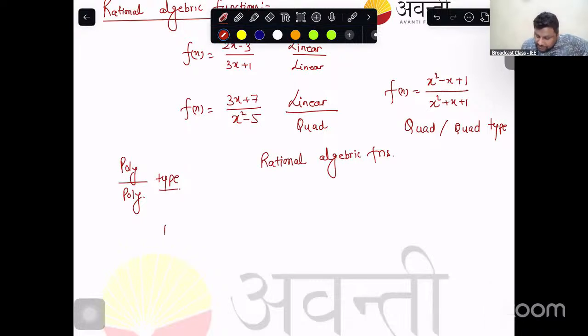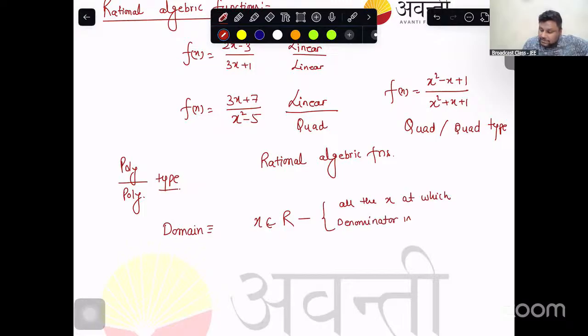Their domain can be calculated for every x belongs to R minus all the x at which the denominator is getting 0. This will be their domain.